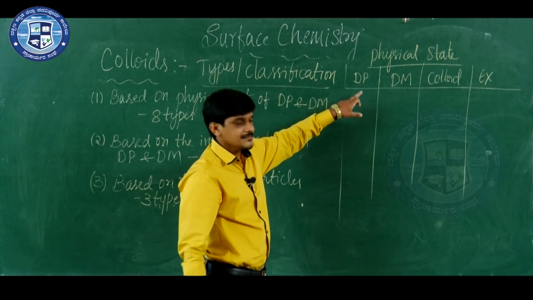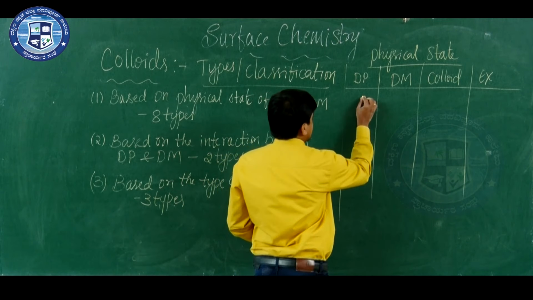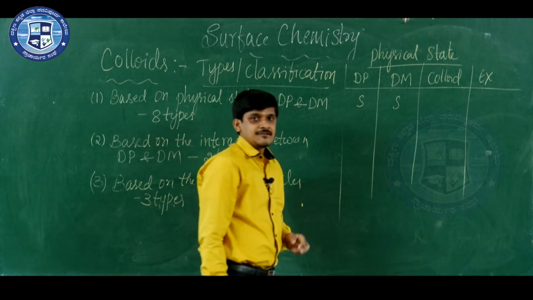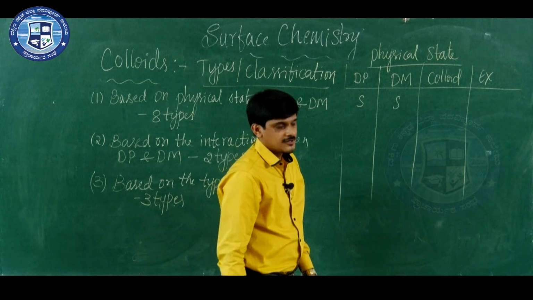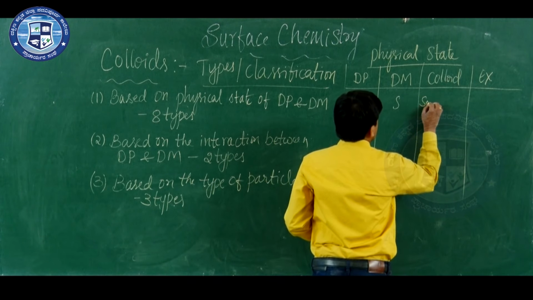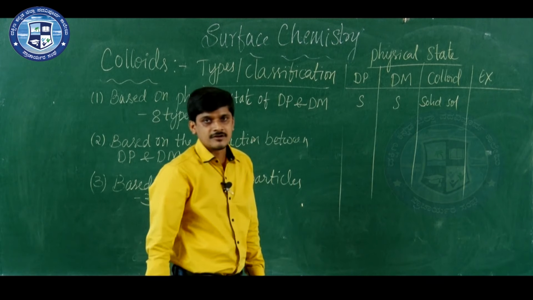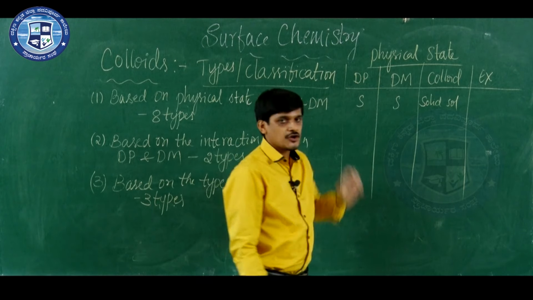See, first, if the dispersion phase is solid and dispersion medium is also solid, if both are solids, then that colloidal system is called as solid sol. That means solid dispersed in solid.